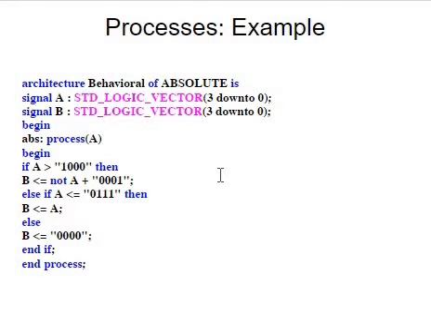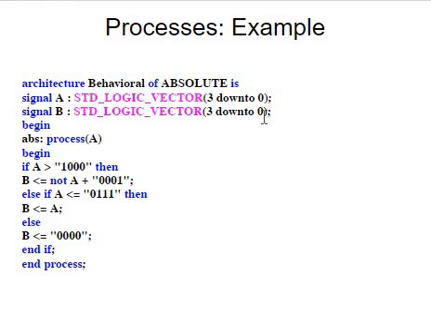Very briefly, we will go through it. This is the architecture, the main body of the architecture. These are some signals which are being described over here, signal A and signal B, or declared rather is the right word, because we do all the declaration before the begin of the architecture.